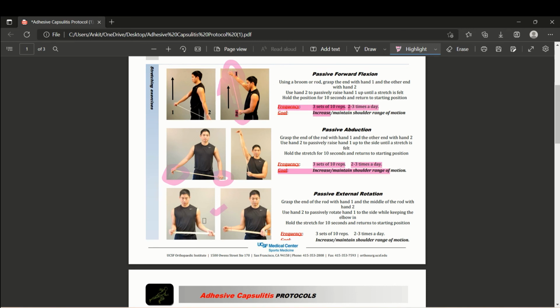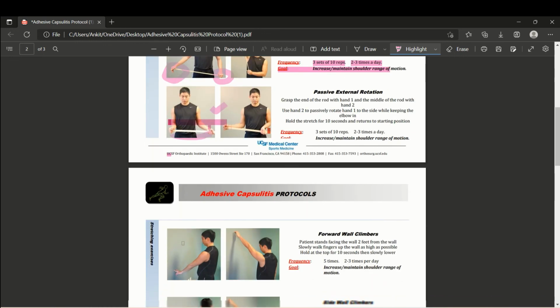So the elbow has to be kept in, and then passively rotate the hand. What happens by this action is that the hand goes into external and internal rotation in adduction, not abduction, adduction.